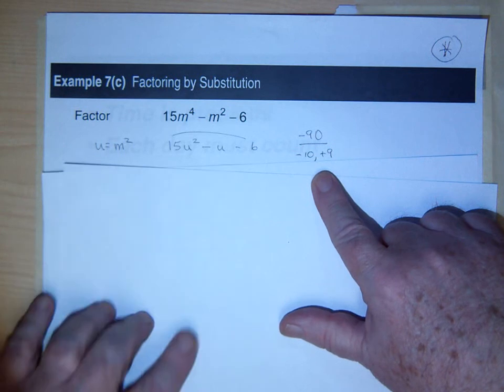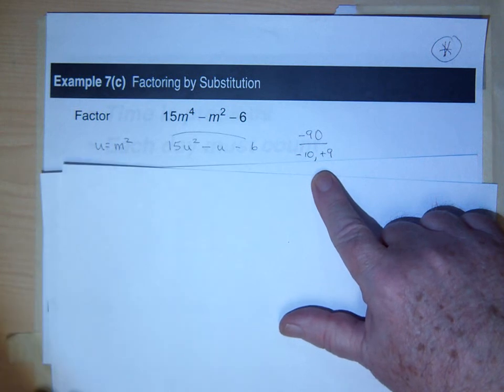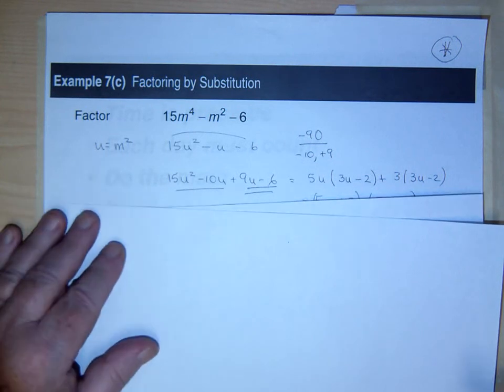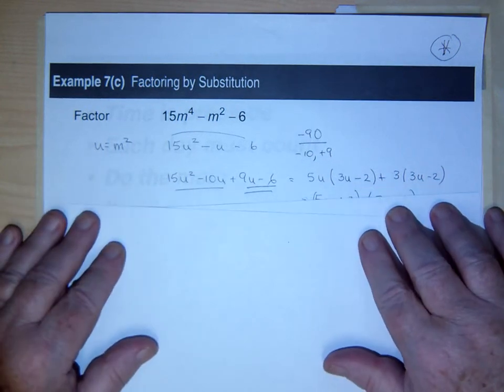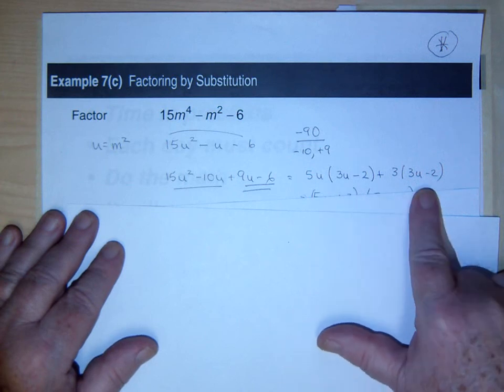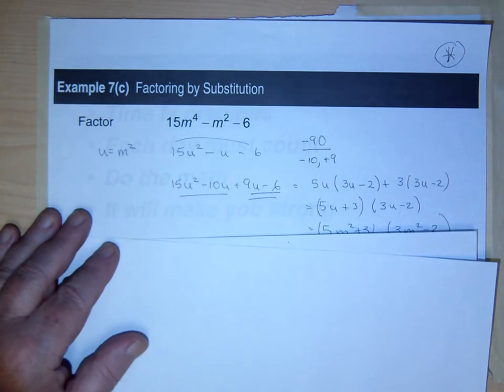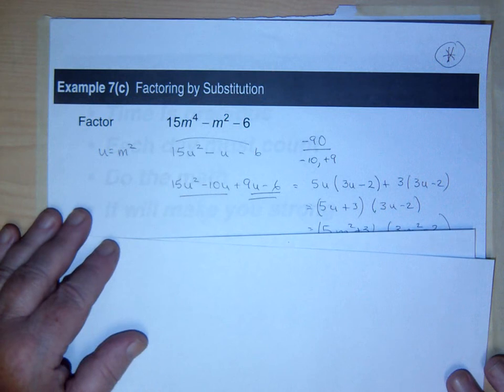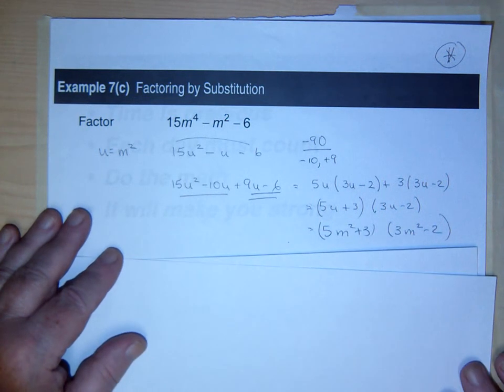I get this. So that tells me how to break up the middle term. I will do group factoring, and ultimately get a common factor of 3u minus 2. That means it factors this way, and then I will reverse my substitution, putting the m squared in for u, and I see that this factors this way.